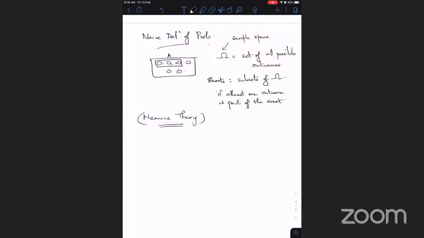Okay. And how do we define probability? That's the next question. You define probability for events. So A is an event here, which is a subset of omega.